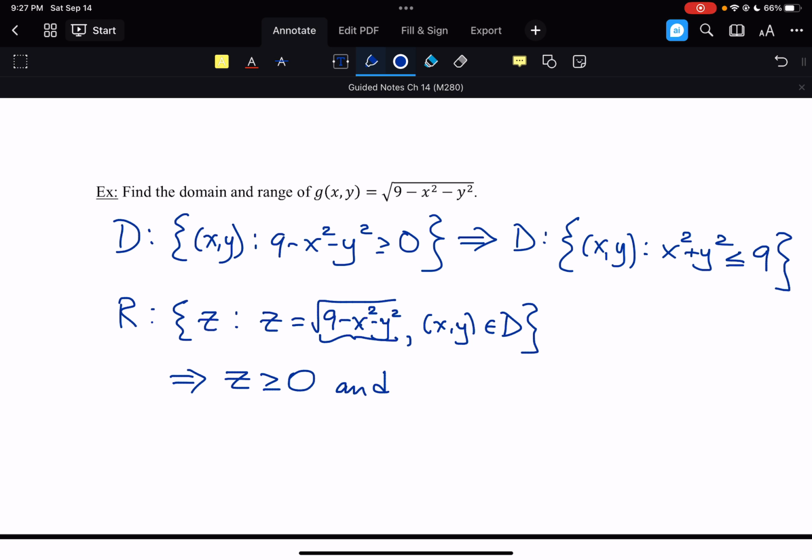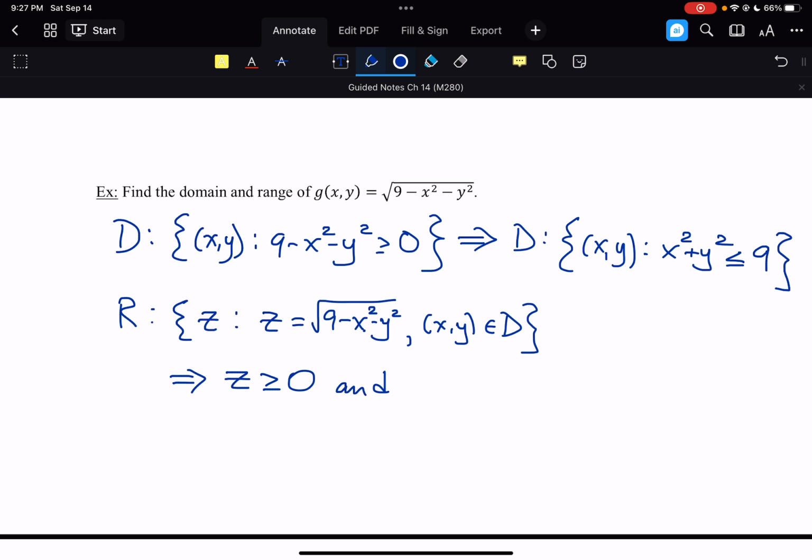If they added up to be equal to 9, then that would make this a 0, and that's as small as it could possibly get. But if we want this to get as big as possible, if we let x and y shrink down to 0, then these are gone. If they turn into 0, we're left with the square root of 9, which is 3.